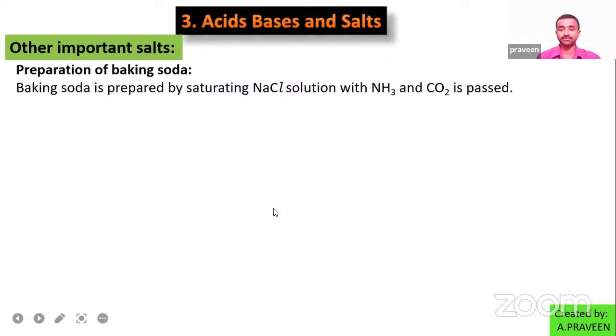So you prepare the NaCl solution and supply the gases. NaCl plus H2O gives an aqueous solution of NaCl, then ammonia and carbon dioxide are passed into that liquid solution of NaCl.